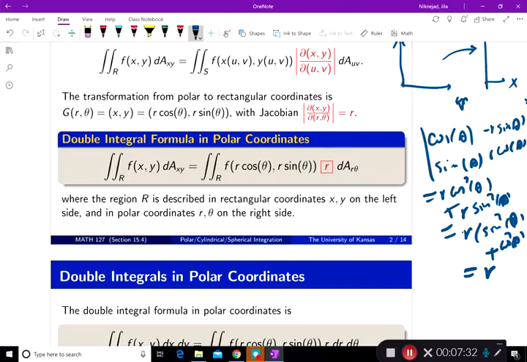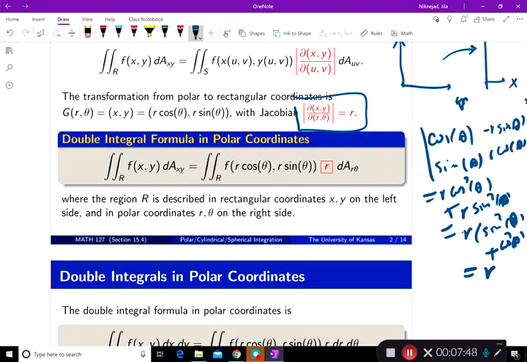And so from now on, it's recommended that you memorize this part, that the Jacobian of the conversion from polar coordinates to the xy plane is going to be r.